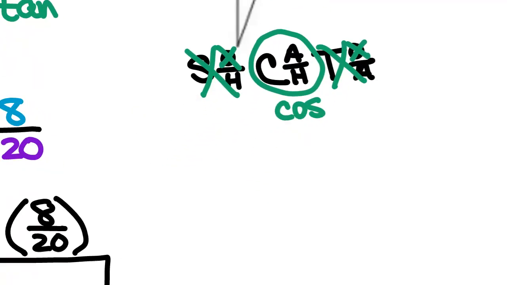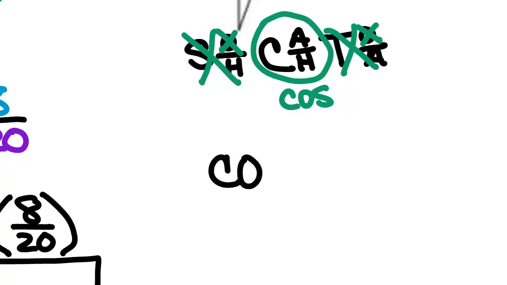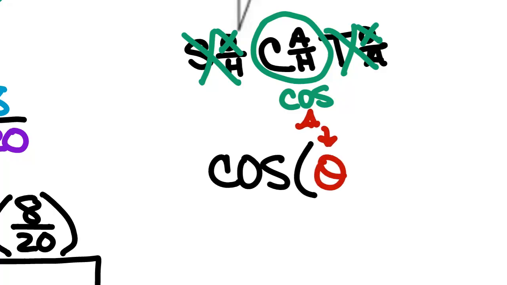So now we're going to set up the ratio. I start with COS and parentheses. What goes inside the parentheses? The angle theta. We don't know how big it is, so we use that variable theta for my angle. And then that equals adjacent over hypotenuse.